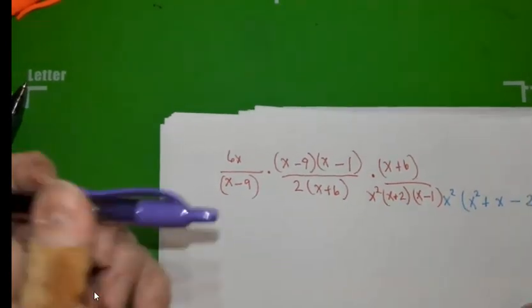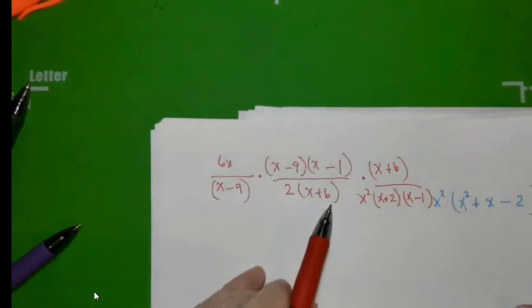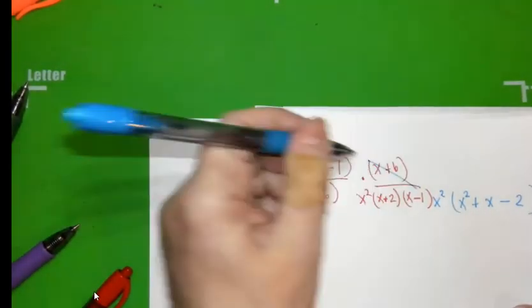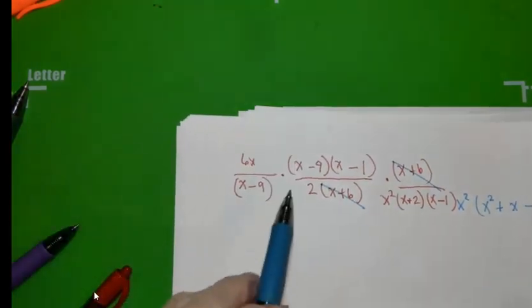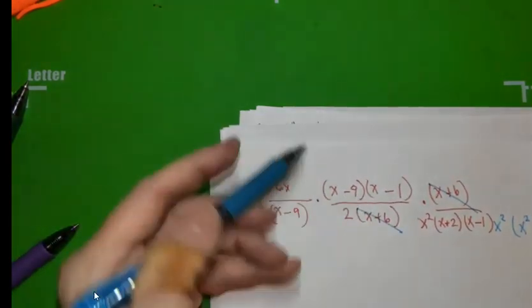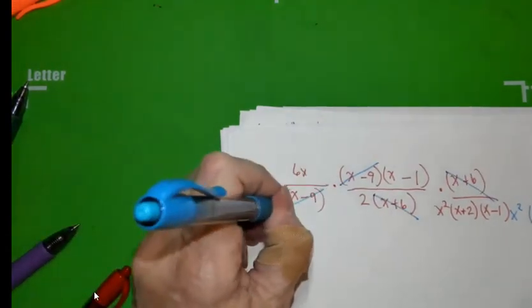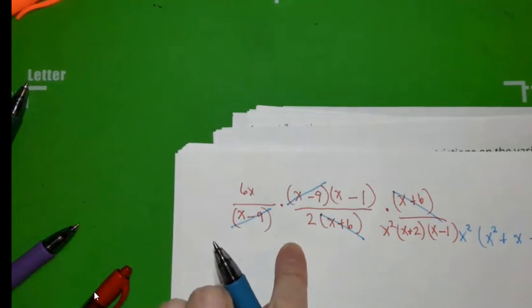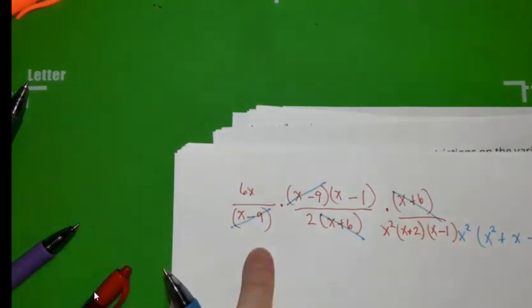All right, so now that I've done my factoring, I'm ready to start looking for common factors. Notice there's an x minus 6 here, and I immediately notice the x minus 6 up there, so I can divide those out. I see an x minus 9 here, and another x minus 9 over here in the denominator. Again, these are all multiplied now, so I can just divide out all the way across.